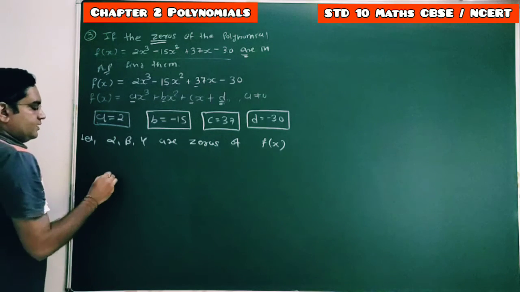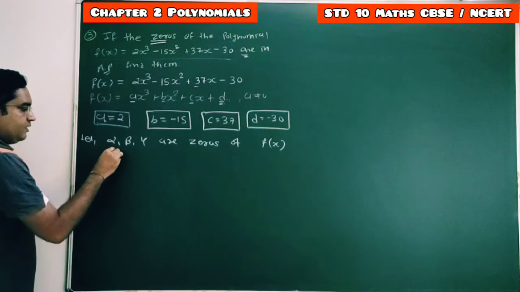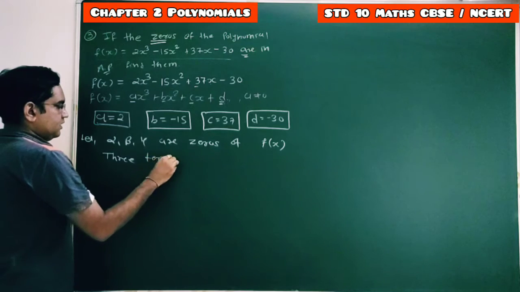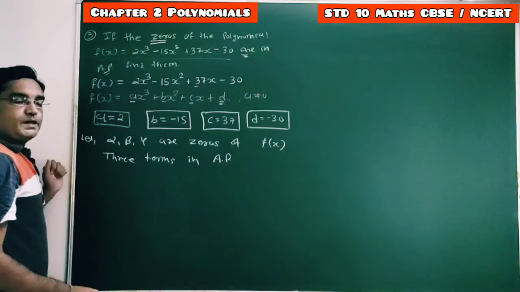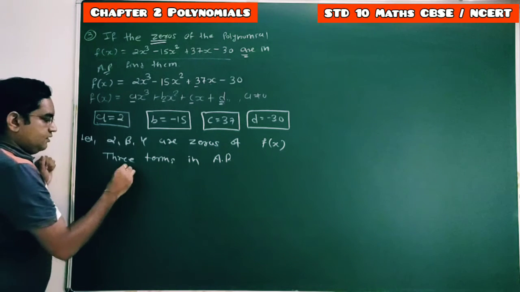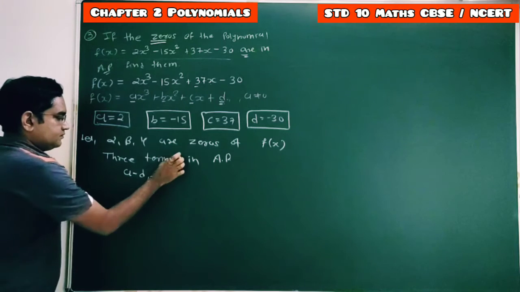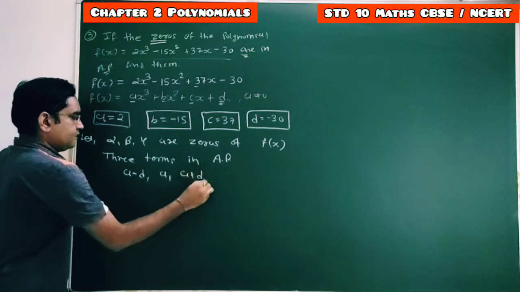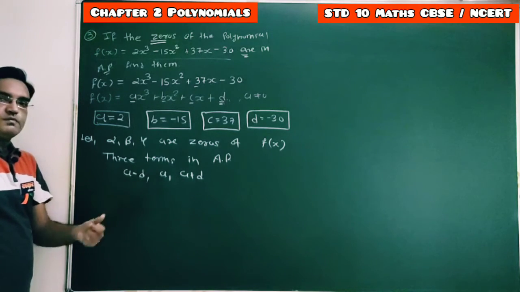So let's say, 3 terms in AP, how are they written? 3 terms in AP, arithmetic progression, have a constant difference d. So let's say the 3 terms in AP are a minus d, a and a plus d. We will study this in chapter number 5. These 3 terms must be in AP.